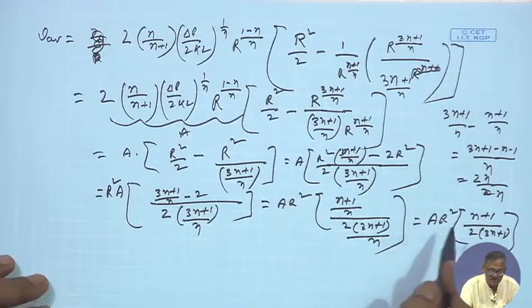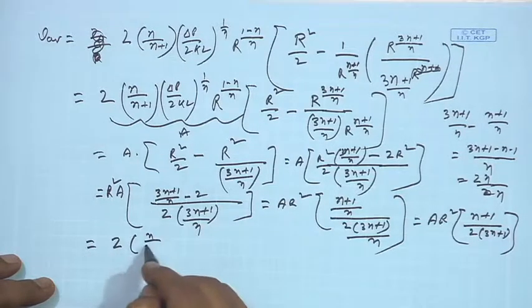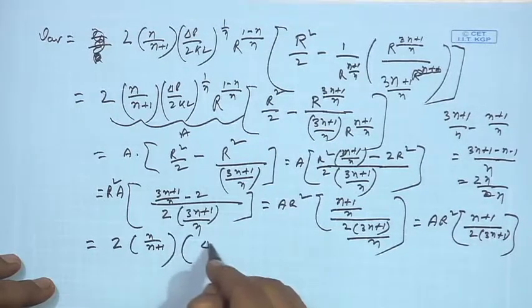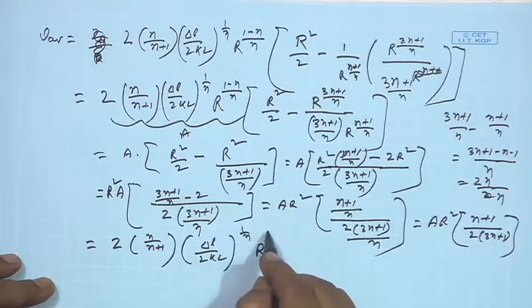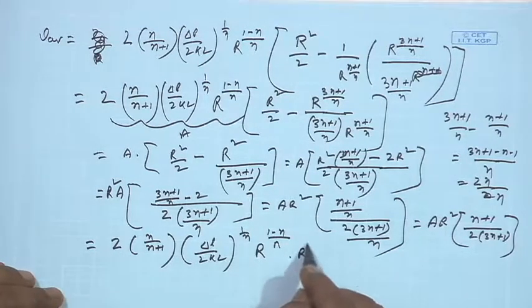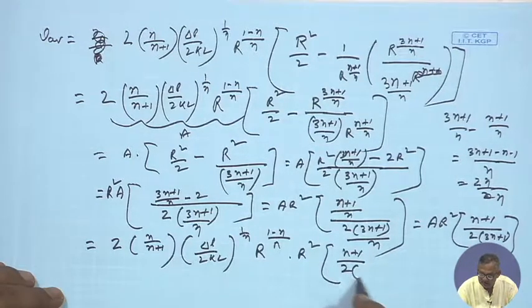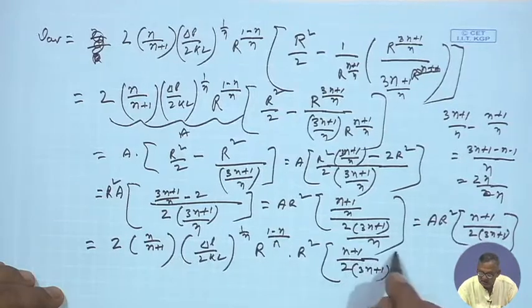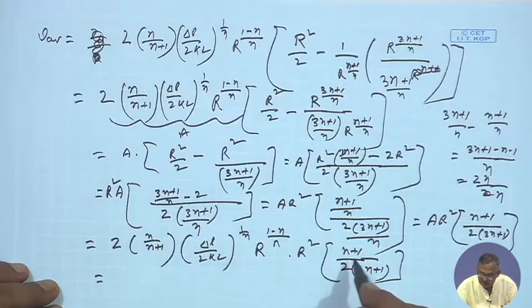Now, if we substitute the value of a, it is 2 into n by n plus 1 into delta p by 2kL to the power 1 by n, r to the power 1 minus n by n, into r square, into n plus 1 by 2 into 3n plus 1. So, this 2 goes out, this n plus 1 goes out.